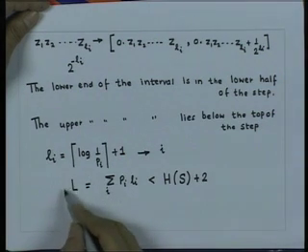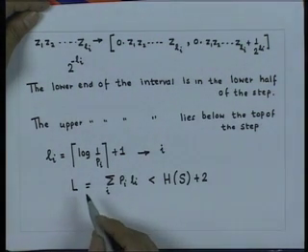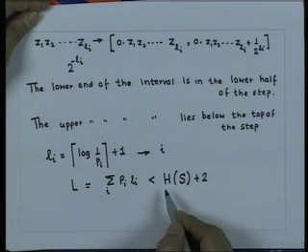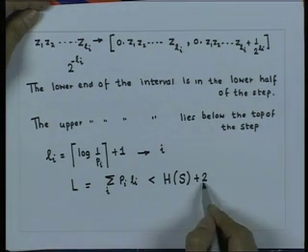So, the average length of the code obtained from Shannon-Fano-Elias coding will be within 2 bits of the entropy of the source.